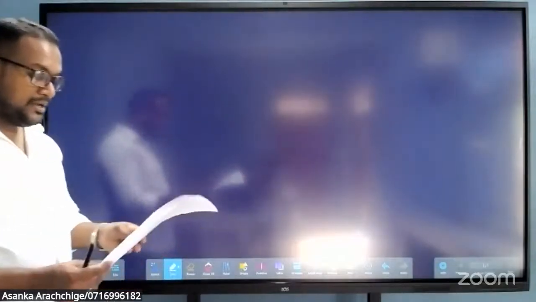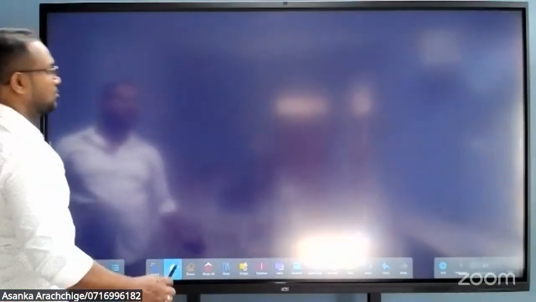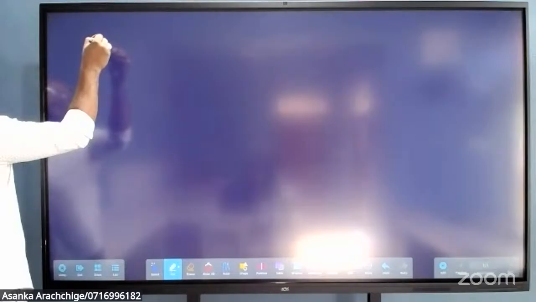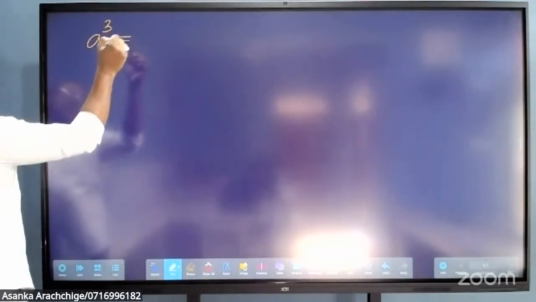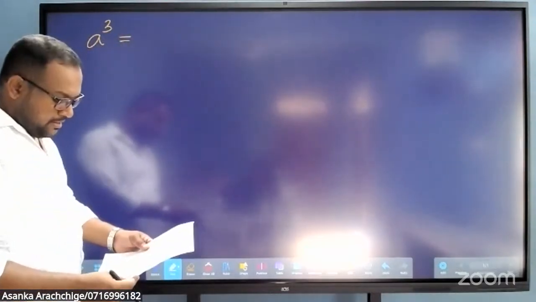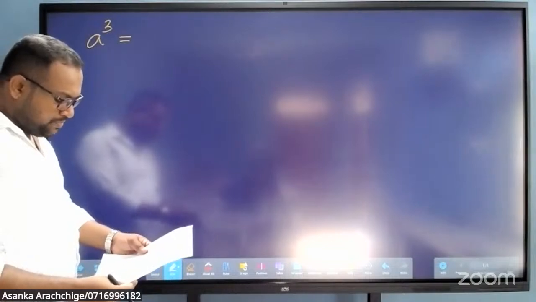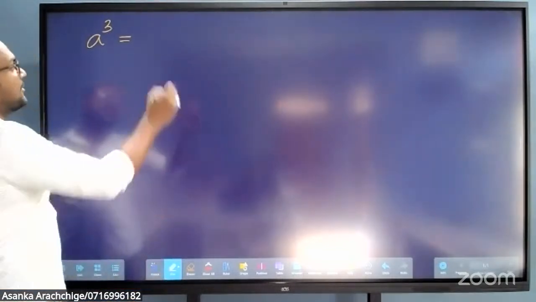Now we are going to find the value of a cube. You know, a cube is equal to pi r cube upon 2. Pi is 3.14. r is given to be 1.725.